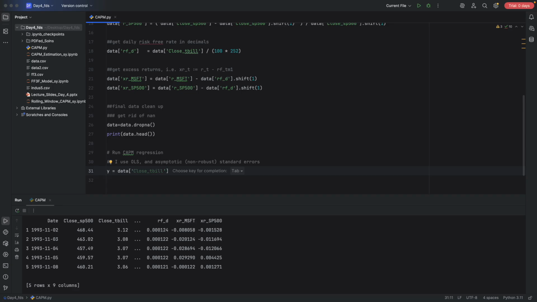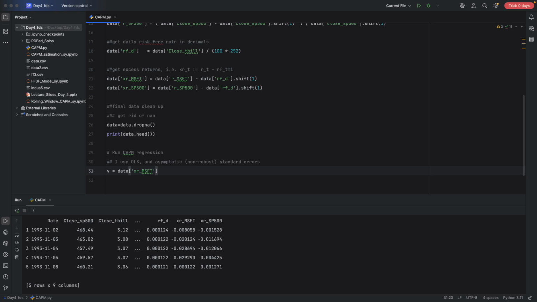Okay, so my y variable will be the XR of Microsoft. Good. Now I need to be careful here. Data is a pandas data frame, so like this Excel sheet. And now I take a column out of the Excel sheet. But the library I'm using doesn't want to work with the pandas.